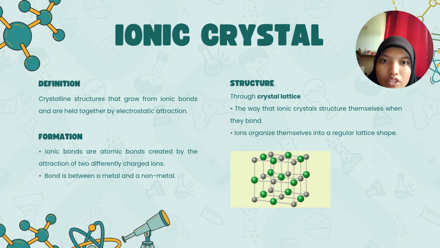The structure of ionic crystal is through the crystal lattice. The ions organize themselves into a regular and repeating structure that maximizes attractive forces and minimizes repulsive forces between the ions, resulting in a stable solid crystal.